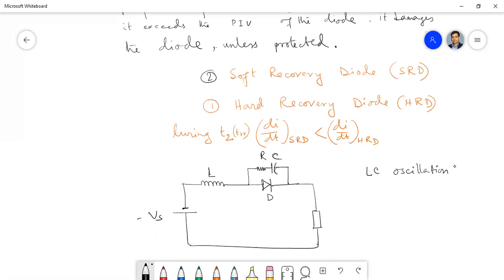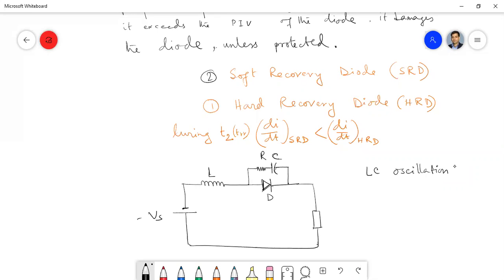To avoid that, we use a resistance which will detune the LC combination oscillation. That is the purpose of using this resistance. But the capacitance is used to bypass the high voltage which is created by this L di/dt. Okay, so this is called the snubber circuit, but it has another objective that I will discuss later. This is the first objective, which is to bypass the L di/dt voltage which is created in the reverse recovery.